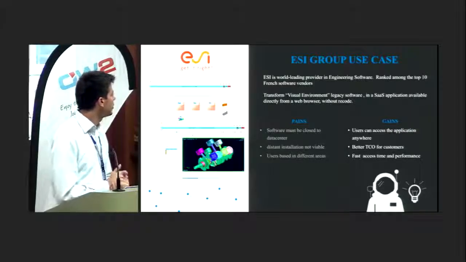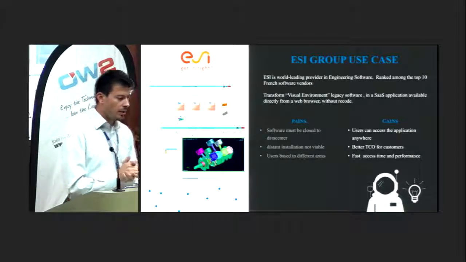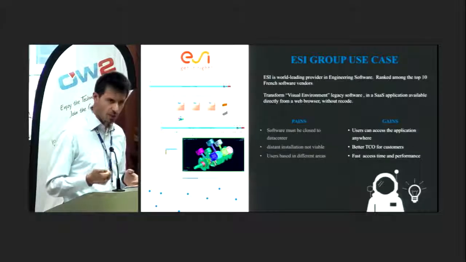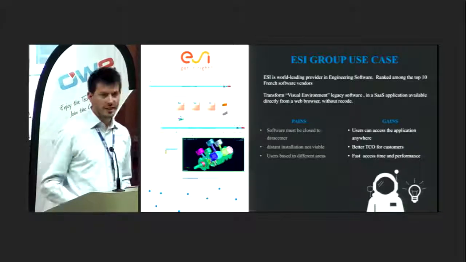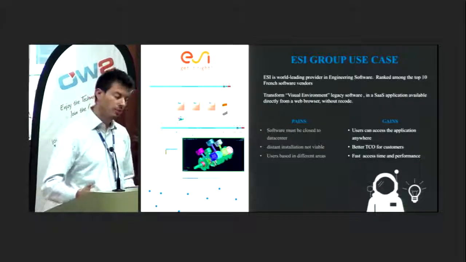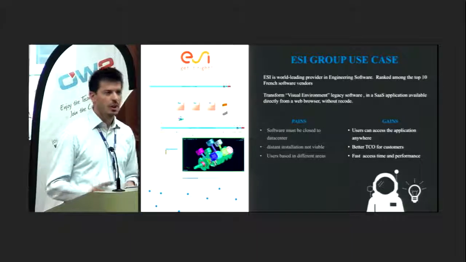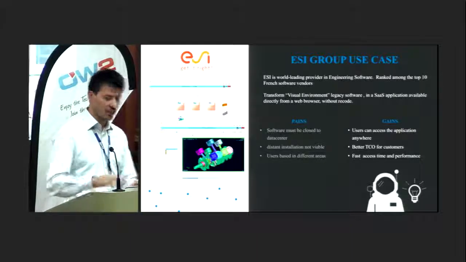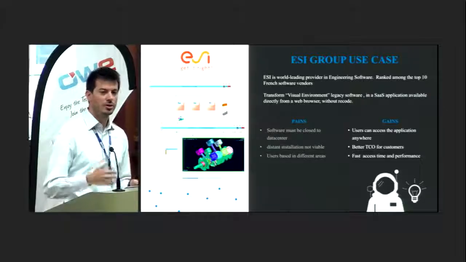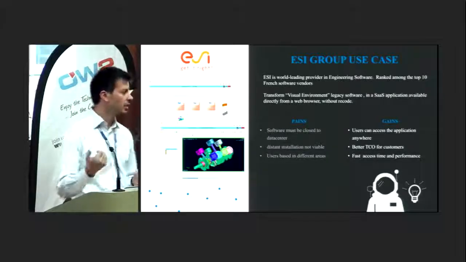Their big pain was that each time they sell their software, users had to upgrade their laptop because they need a better graphical card. And today, except for gamer laptops, there is not a lot of power in the graphical card.